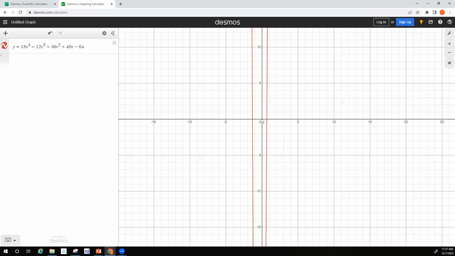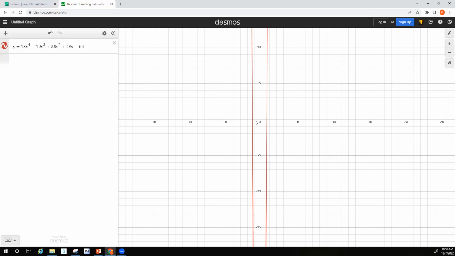So here, notice that this first one is in between -1 and -2, and it's closer to -1. So I'm going to say that's going to be -1.3.